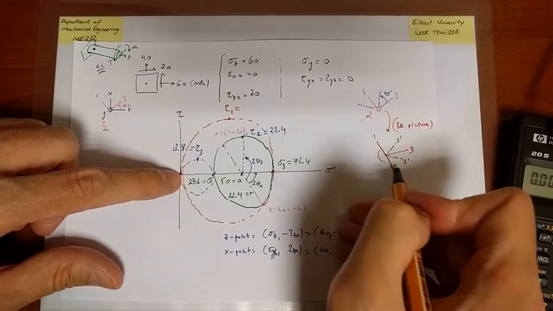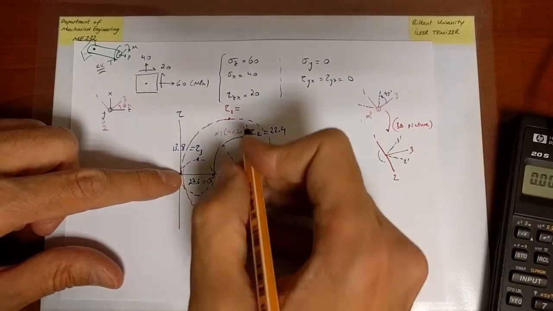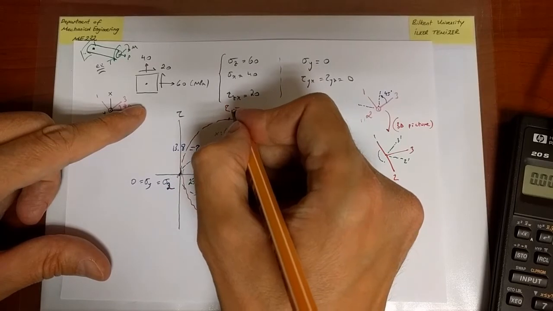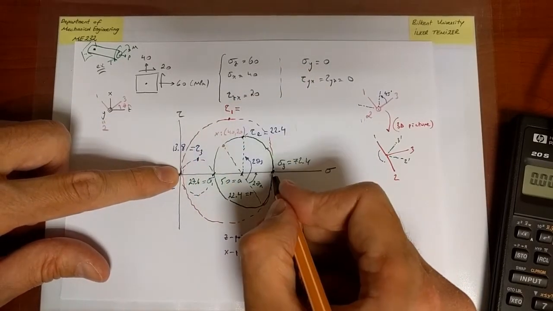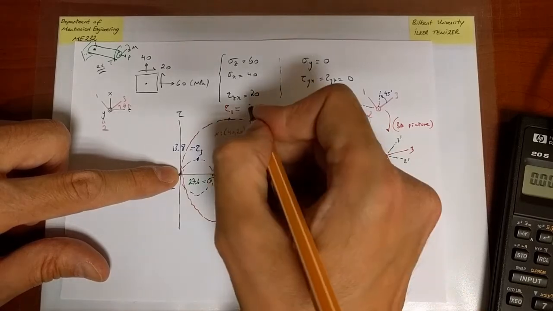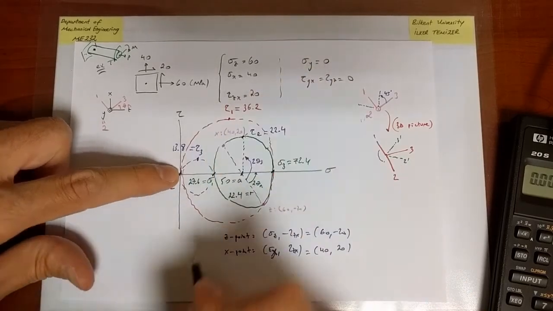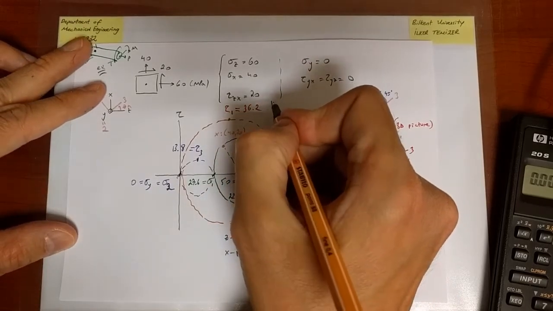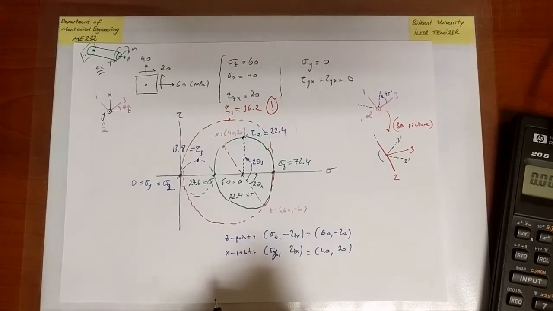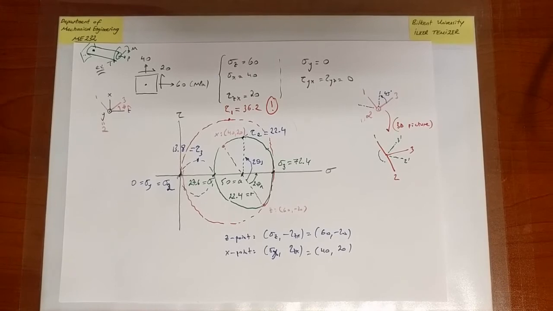And first I need to determine what those directions are, right? Because it's a relative rotation. And that rotation is going to deliver an extremum value of half of that, which is 36.2.